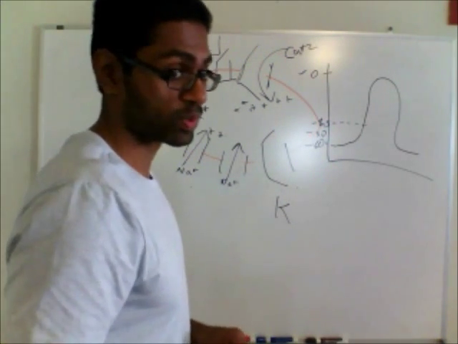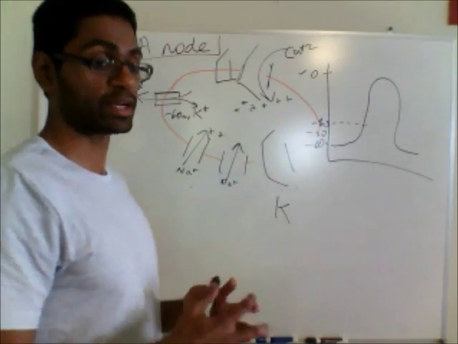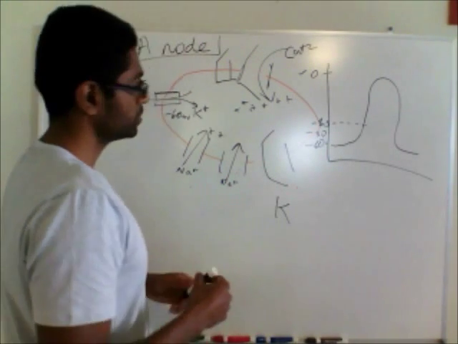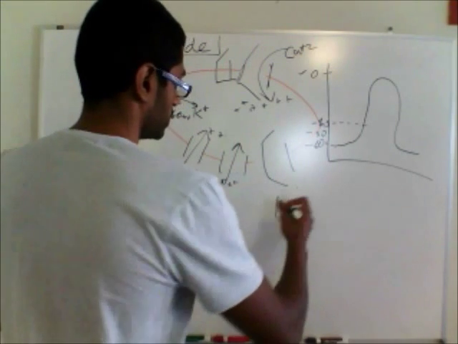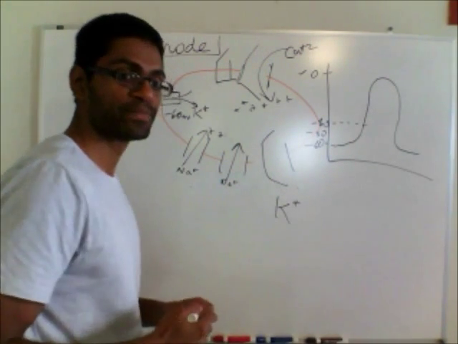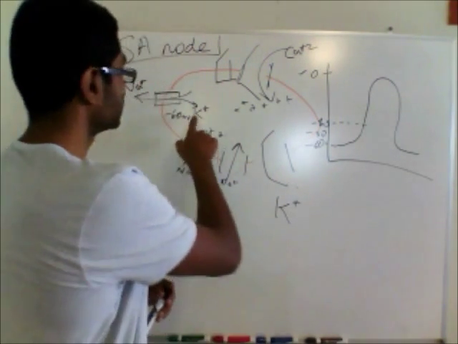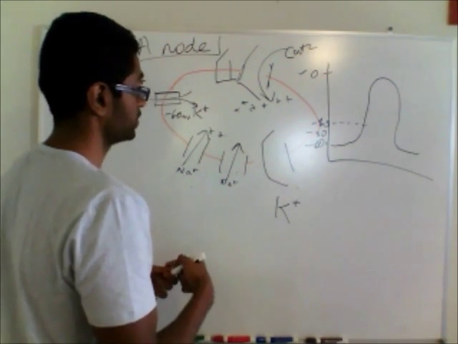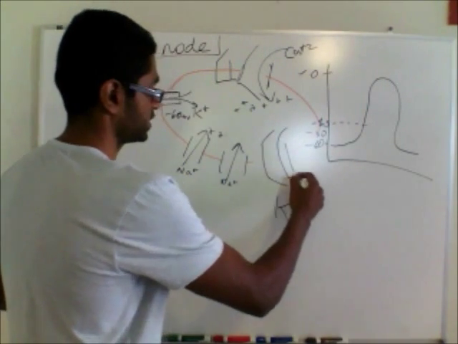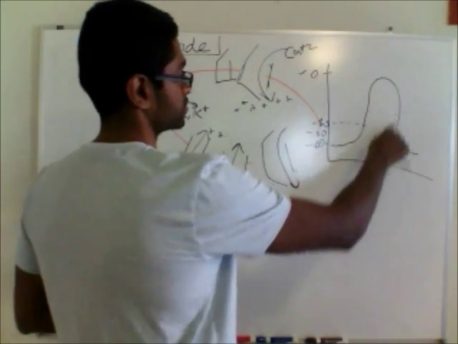Okay, so that's how it works in the SA node, in the cardiac. What's happening in the potassium channel? Well, what would you think would happen in the potassium channel? Exactly? Remember? So it's kicking out the potassium. Okay, that's what I mentioned earlier. So all this potassium is starting to come out, and that's where you see this drop.